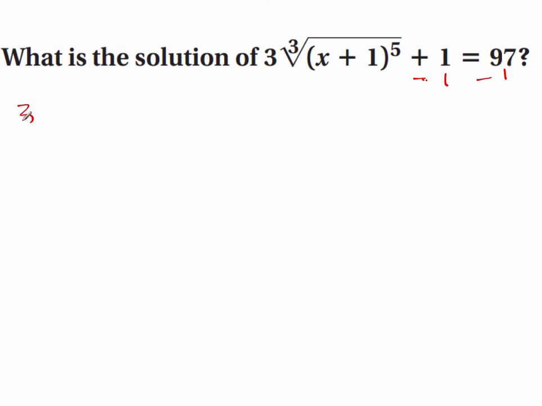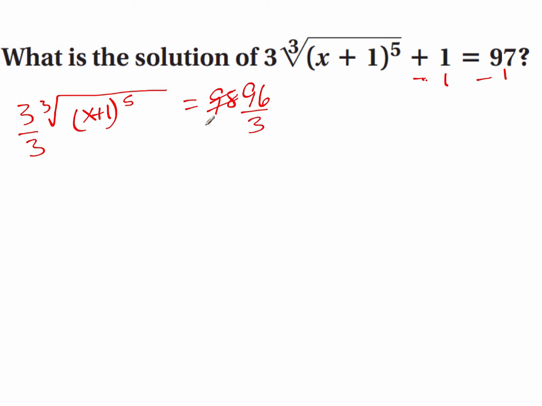So I'm going to have 3 times the cubed root of x plus 1 to the 5th is equal to 96. So I divide both sides through by 3. So the cubed root of x plus 1 to the 5th is 32.